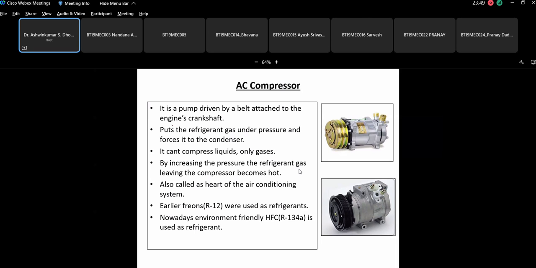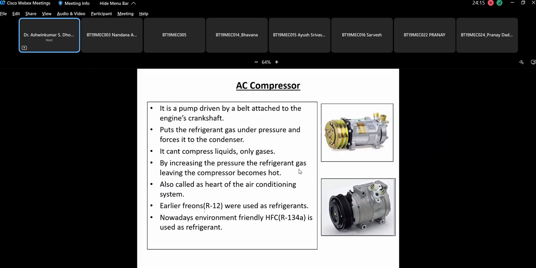It puts the refrigerant gas under pressure and forces it to the condenser. It cannot compress liquid, only gas it can compress. By increasing the pressure, the refrigerant gas leaving the compressor becomes hot. It is also called the heart of the air conditioning system.